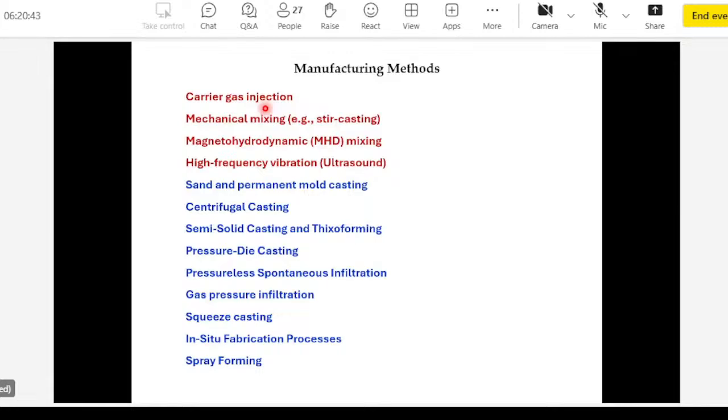Another method is mechanical mixing. By the way, this carrier gas injection method was the first one used to make composites, before stir casting, sometime in the 1960s. Mechanical mixing, which is stir casting, uses a mechanical impeller in the molten metal.